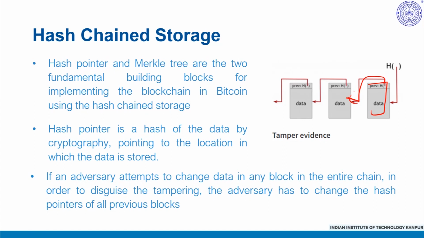Moreover, the hash of the stored data can be publicly verified by users to prove that the stored data has not been tampered with. Let's take an example. If an adversary attempts to change the data in any block in the entire chain, in order to disguise the tampering, the adversary has to change the hash pointers of all the following blocks.